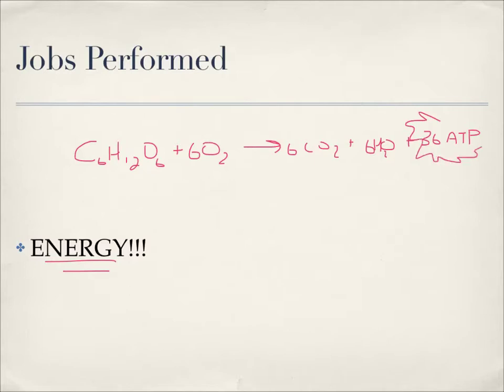This is the currency of energy in your body, and obviously through cellular respiration is how you get from carb to energy. So that's the biggest thing, that carbs are the main source of energy for most organisms.